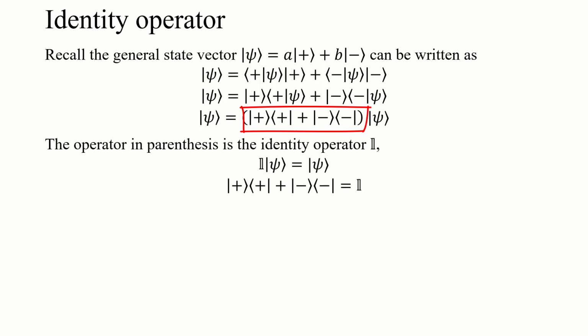That total operator in parentheses there is what we call the identity operator. It can be written as the spin up ket with the spin up bra plus the spin down ket with the spin down bra. That was for our spin 1/2 system.